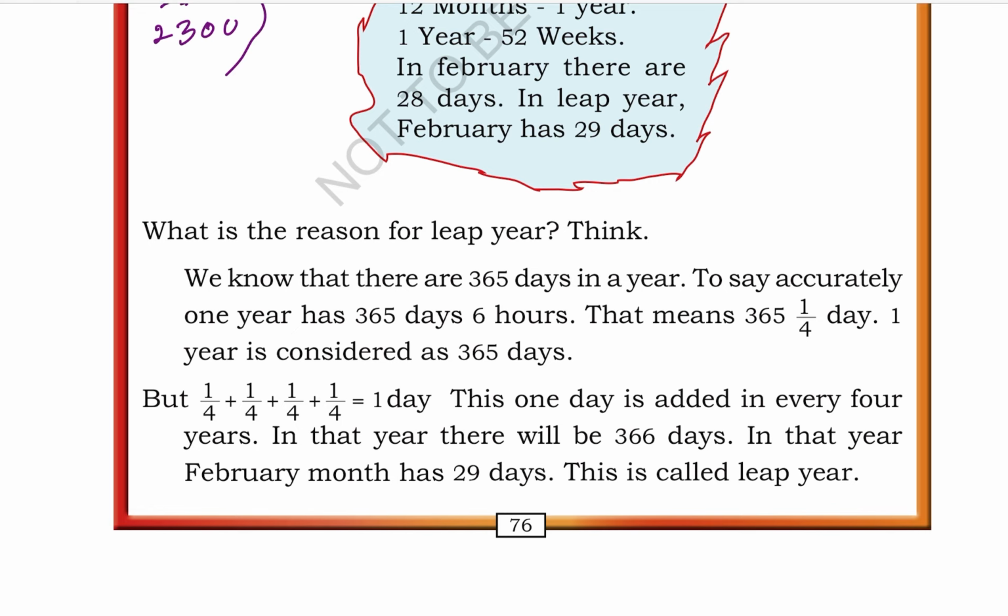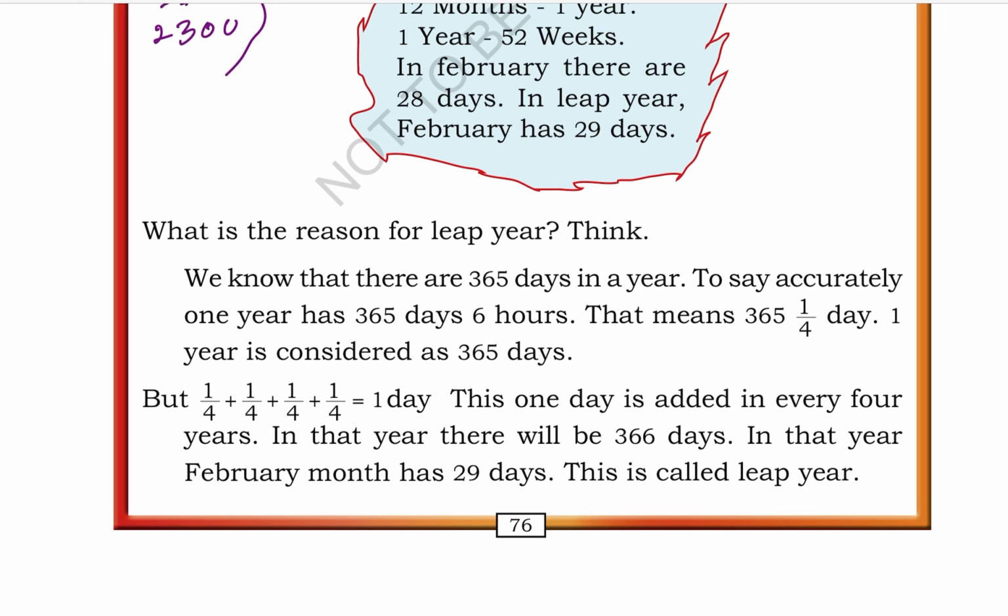One fourth of a day will be extra along with the 365 days per year. If we add 1/4 day 4 times, we will get 1 day. This 1 day is added in every 4 years. Did you get the point?